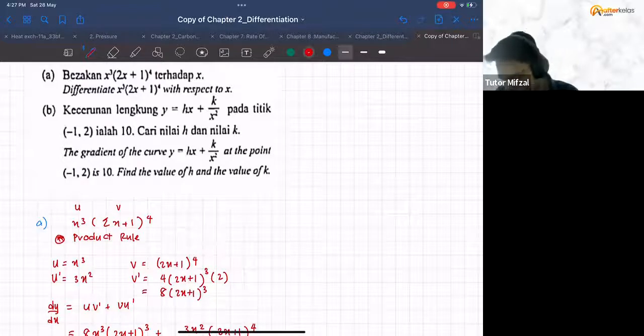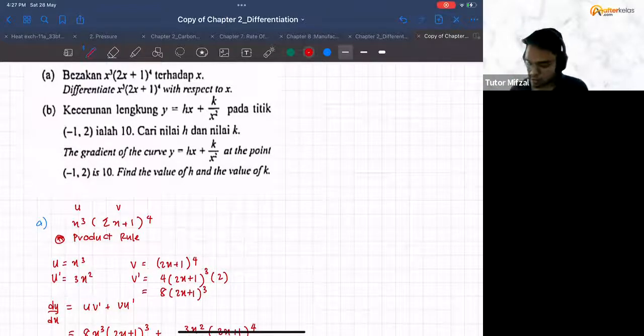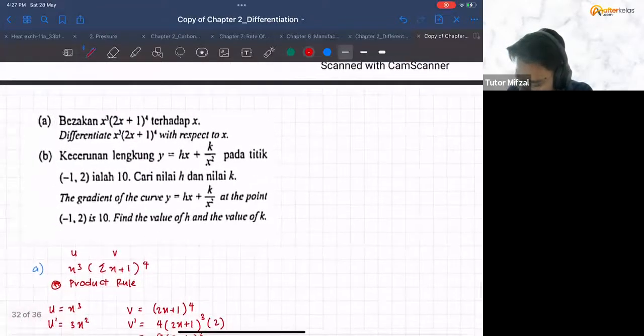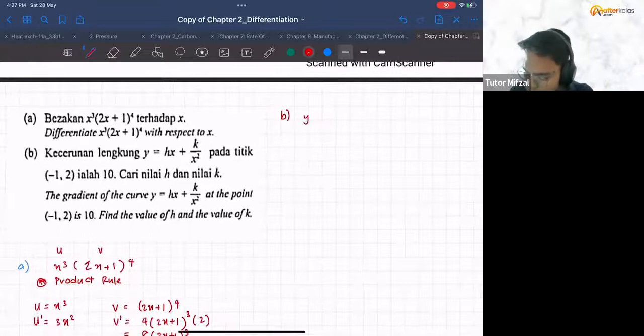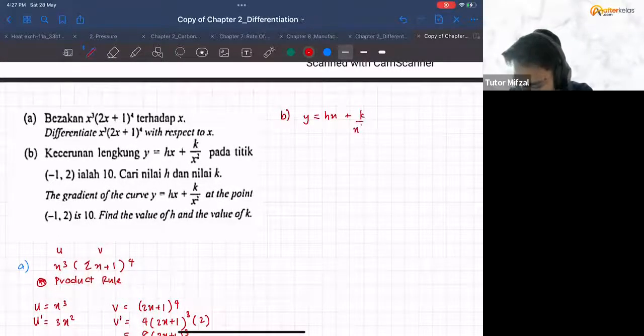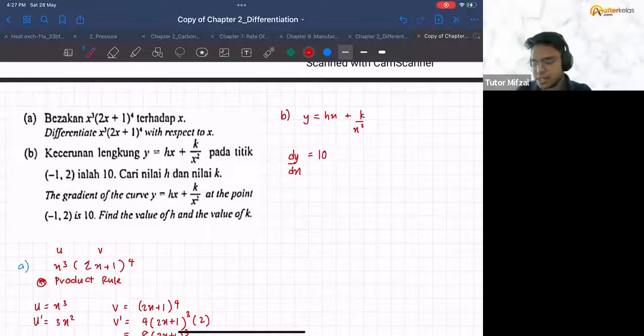Okay. All right. Now have a look at this. For b, y is equivalent to hx plus k over x squared. So you know that dy over dx is equivalent to 10 at the point (-1, 2).